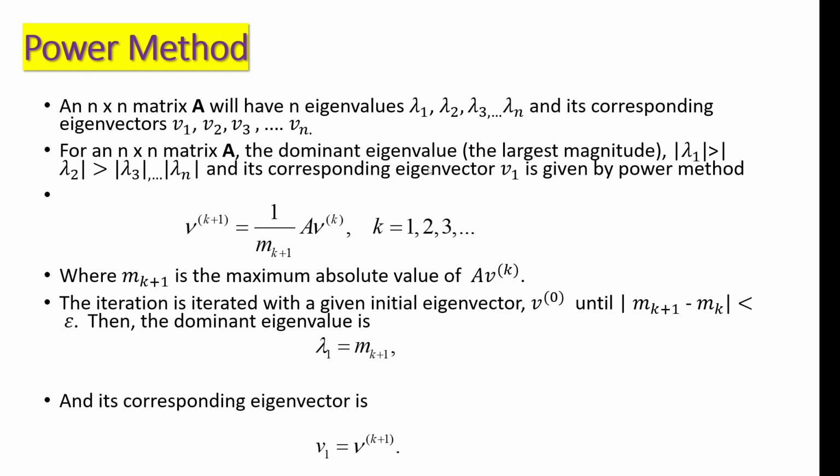To find the eigenvalue and eigenvector using this power method, sorry, k should start from 0. Given an initial eigenvector v0, we put it with superscript 0 to stand for the initial eigenvector.